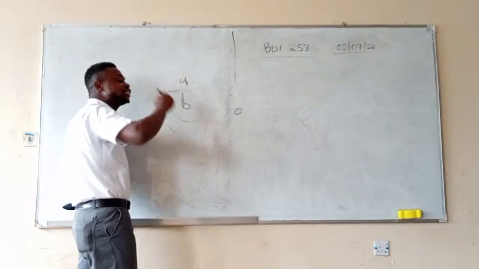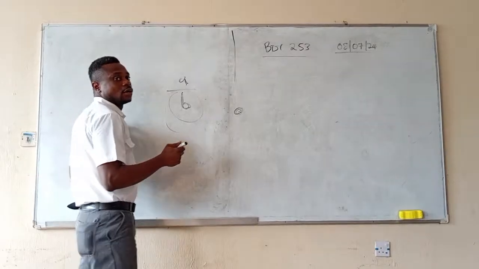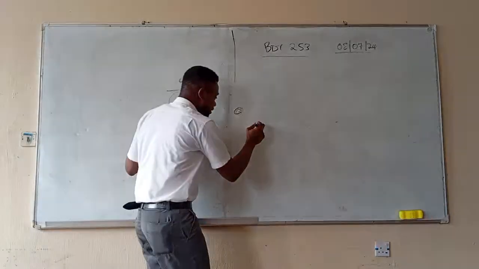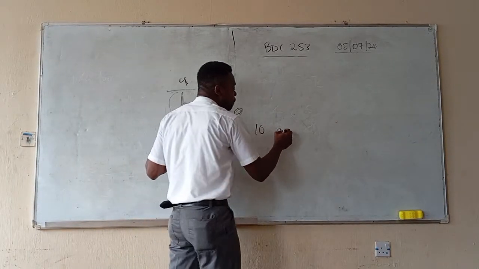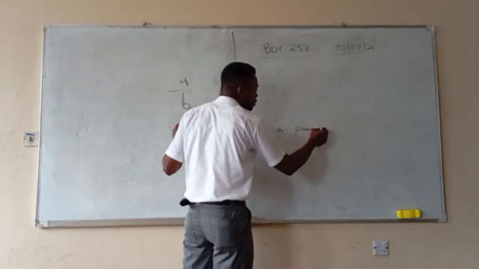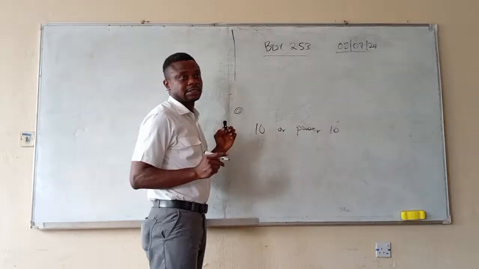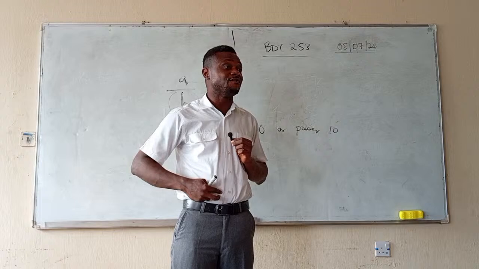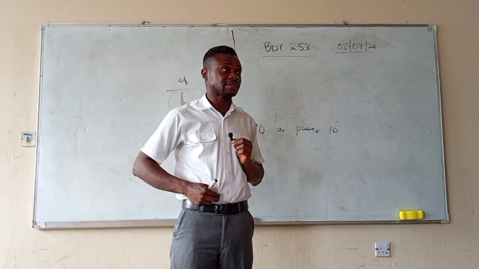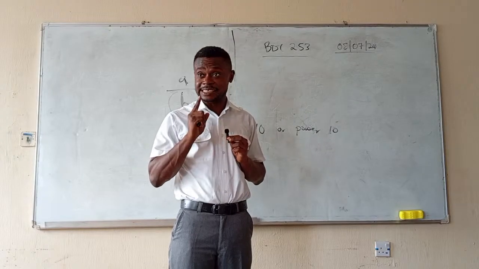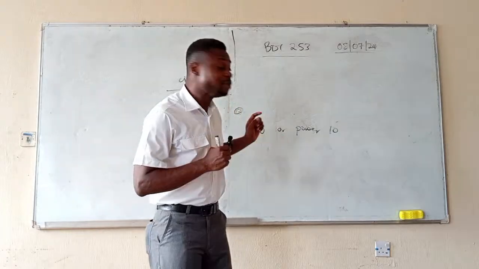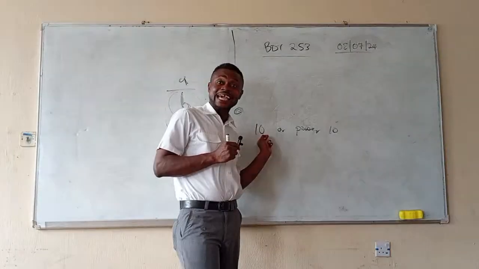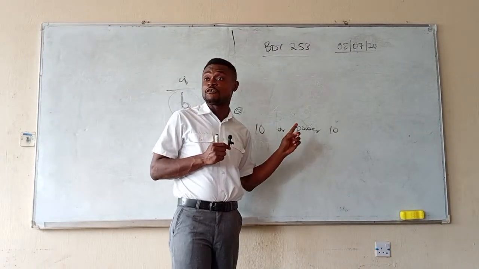But for a decimal fraction, the denominator is always 10 or any power of 10. That makes it a decimal. If you did your number system very well, you understand what I'm talking about. For a decimal fraction, the denominator must be 10 or any power of 10.